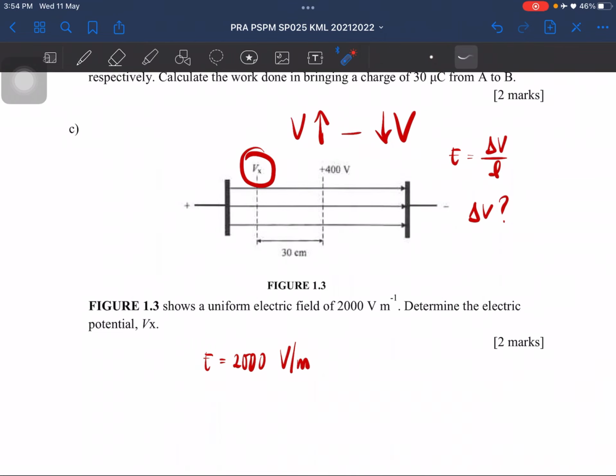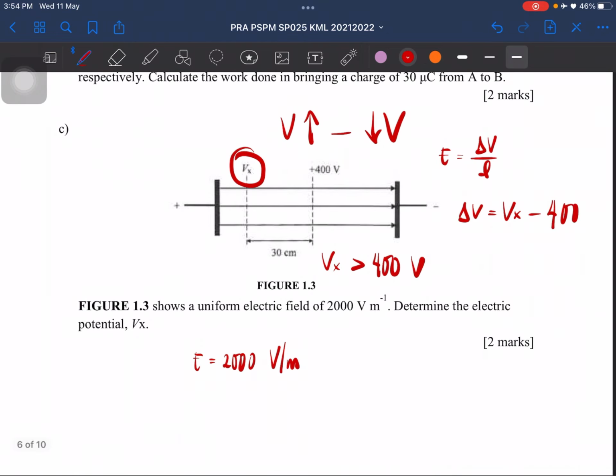So if you look at this, Vx should be greater than 400 volt. Kenapa? Sebab it is the one that is nearer to the positive plate lah. So apa kita boleh tulis? We know that Vx should be greater than 400 volt lah. Sebab kenapa? Sebab dia di positive plate, nearer to the positive plate. Okay, so from that we can then write down Vx minus 400.